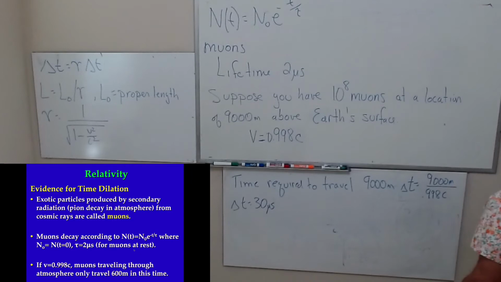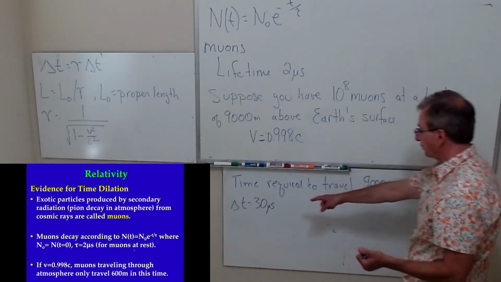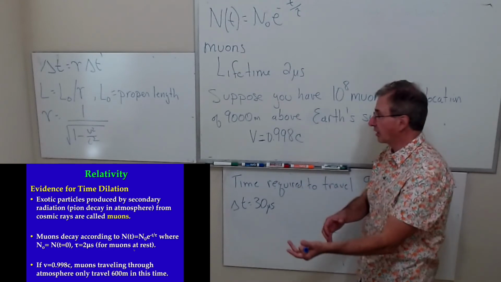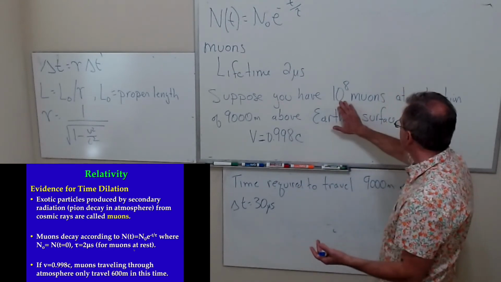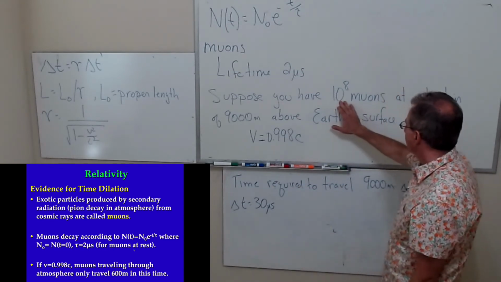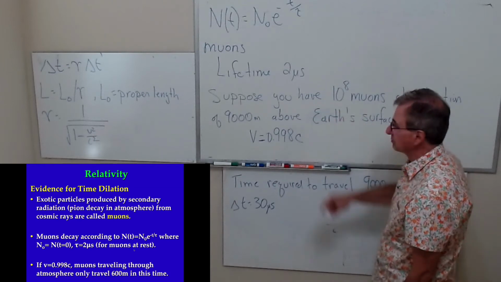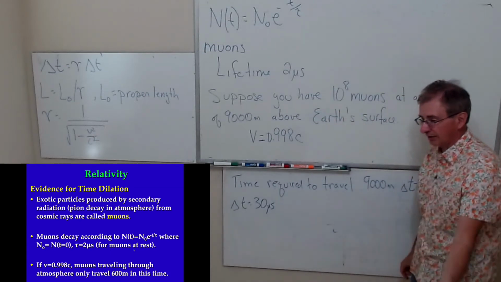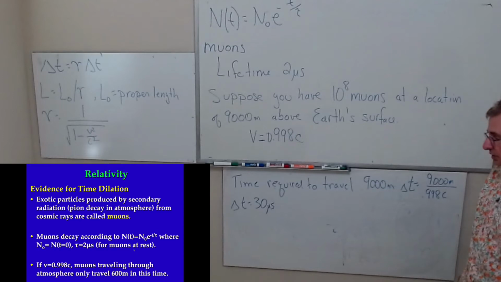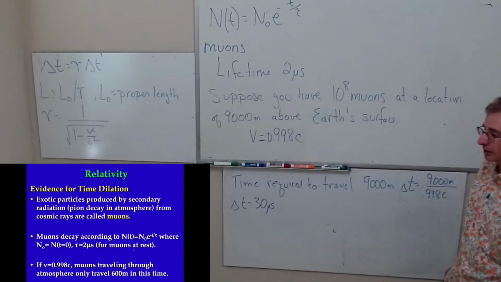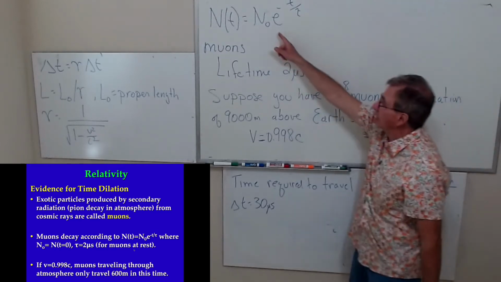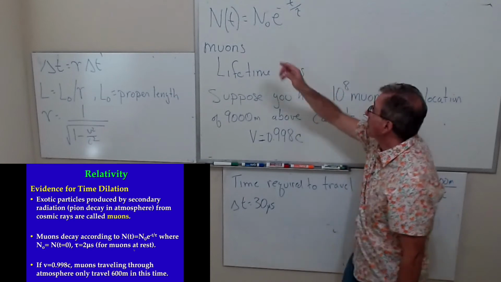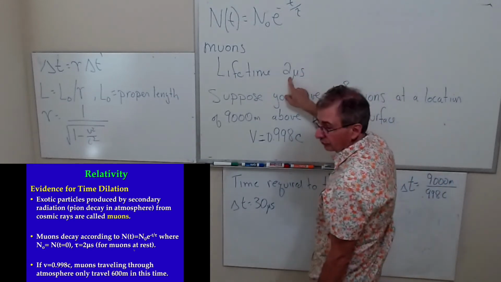So how many do I have left after 30 microseconds? If I had a detector on Earth, and somebody said there's 10 to the 8th muons 9,000 meters above the Earth, and someone on the surface is detecting them, how many would I detect? Because they're decaying according to this equation. By the way, this tau is the lifetime of 2 microseconds.